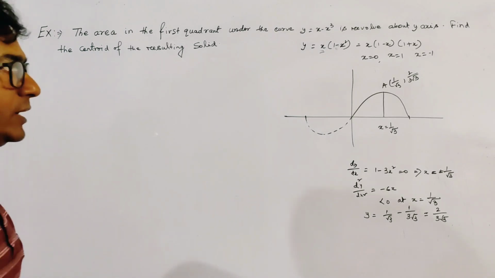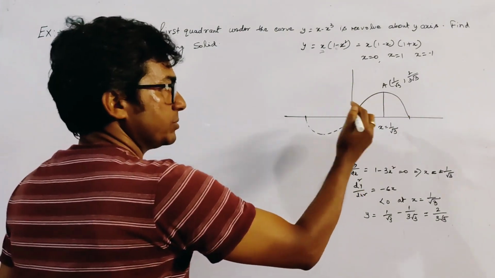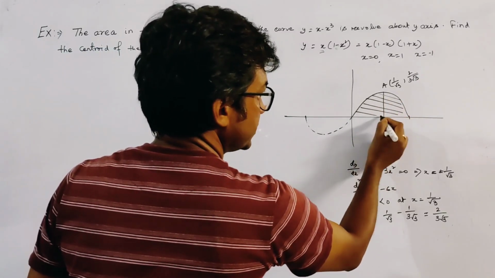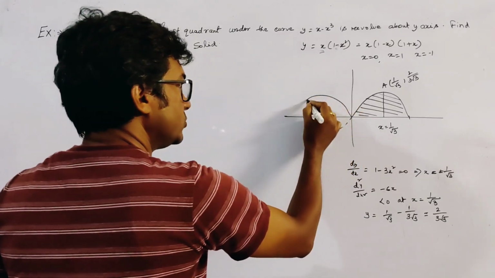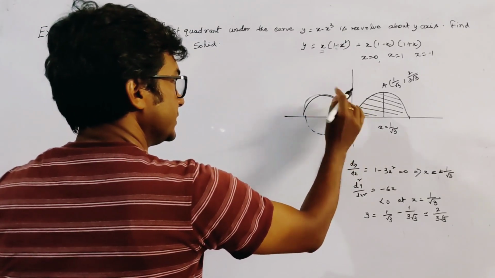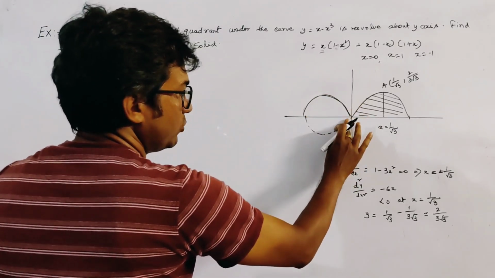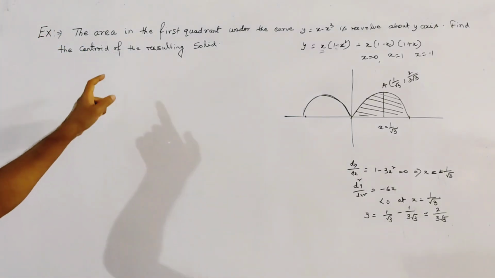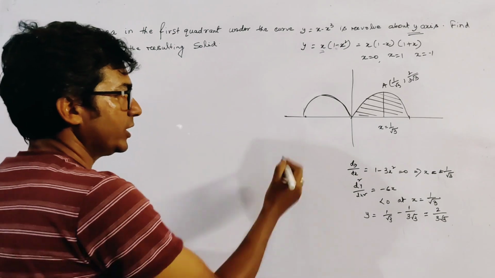Now if we revolve the curve in the first quadrant, the shaded portion, the rough sketch of the volume looks like this, and this is clearly symmetric about the y-axis because the revolution is made about the y-axis.